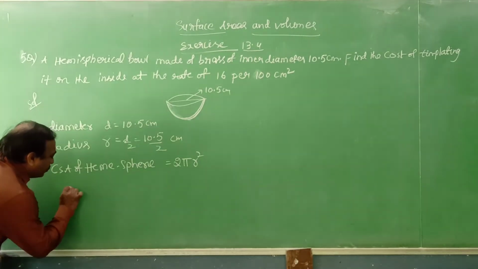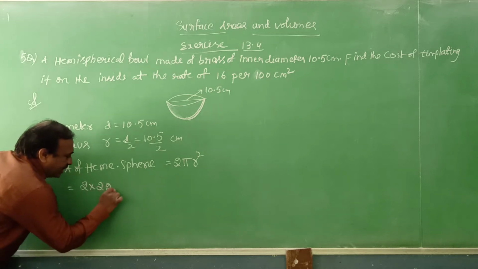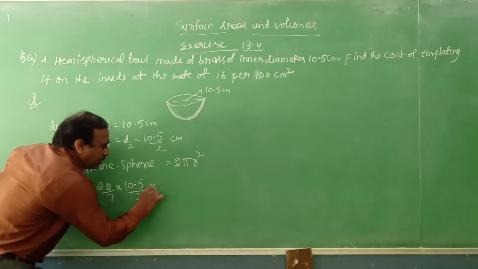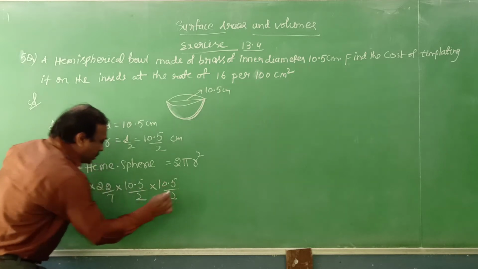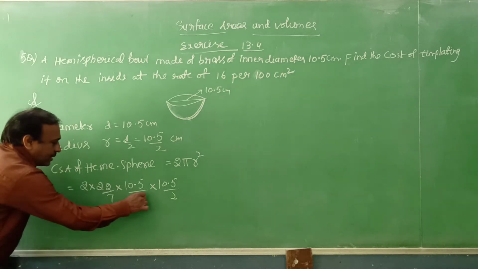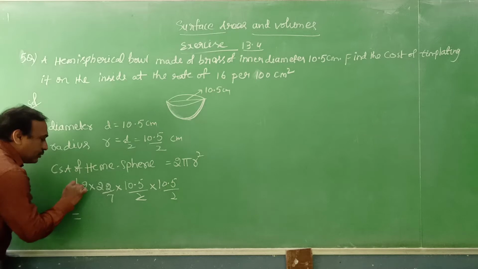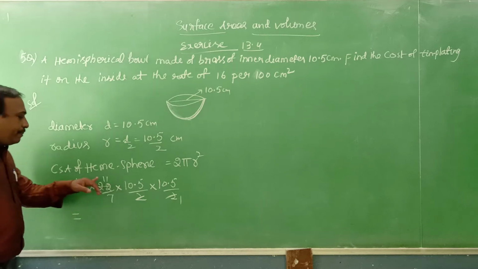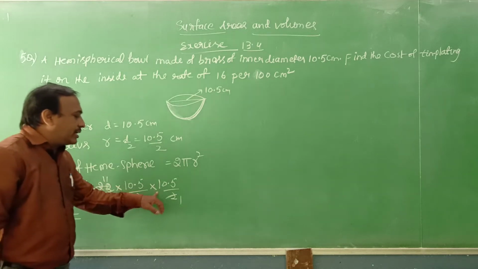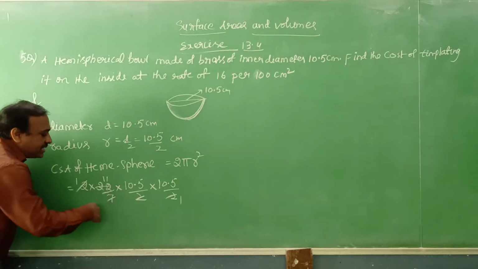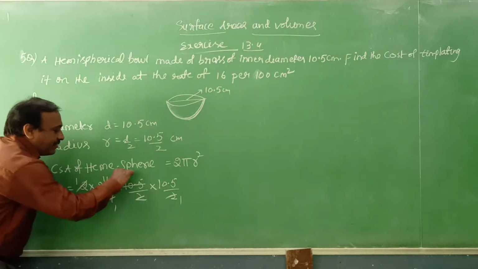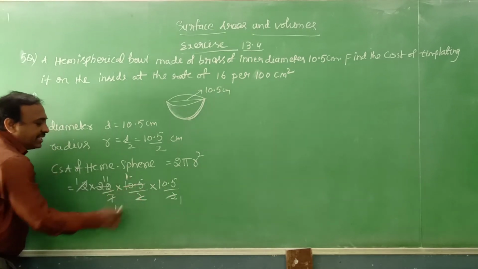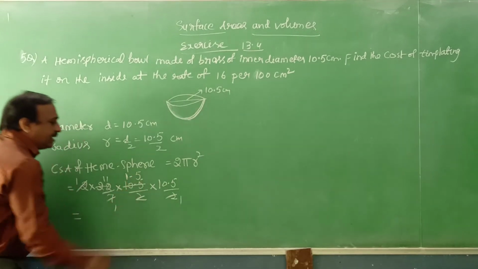So which is equal to 2 into 22 by 7 into 10.5 by 2 into 10.5 by 2. So here 2 ones are cancelled. Then 2 11s are 22, cancelled. Then 11 into 10.5 into 10.5, and we have even 7. 7 ones are 7. 10 minus 7, 3, and point is there, so we put the point, and 5. 3 and 5 is 35. 7 5s are 35.